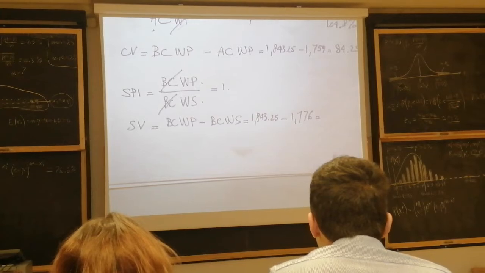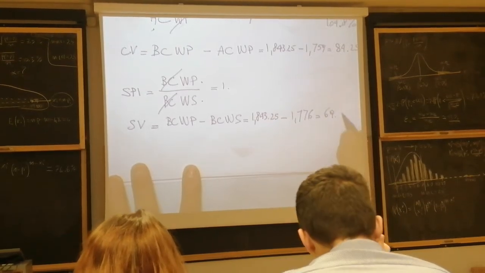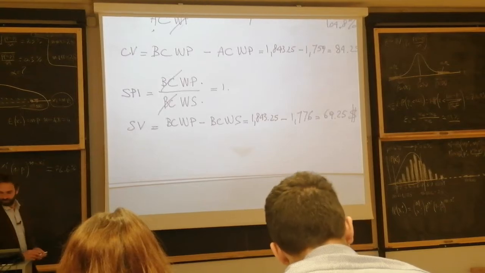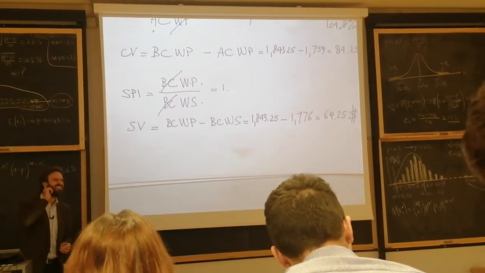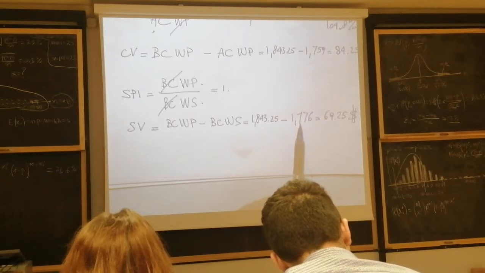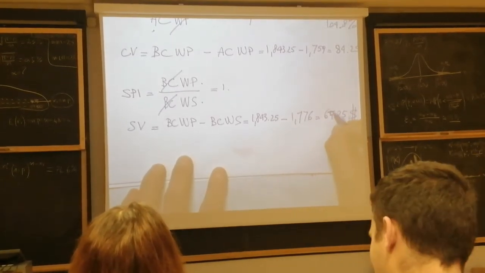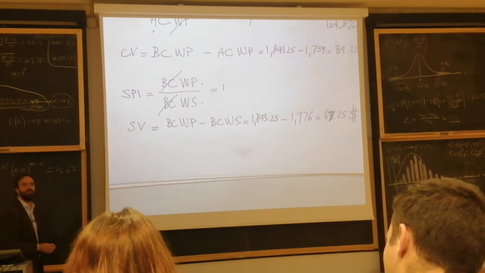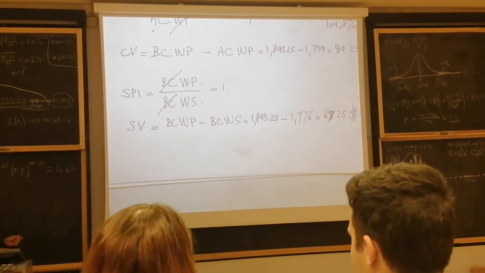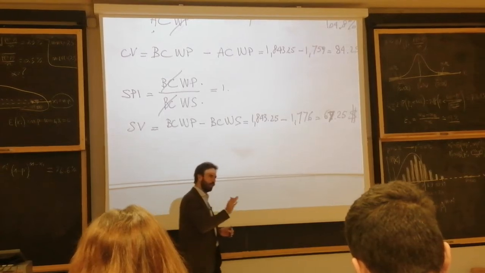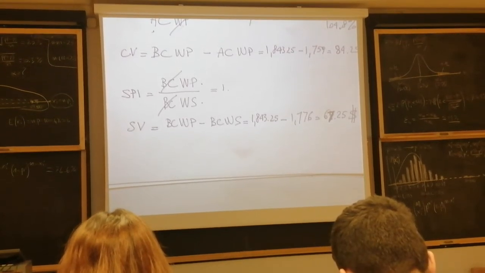And this equals 67,250, right? So schedule variance equals $67,250. All right, dear client, we are late.